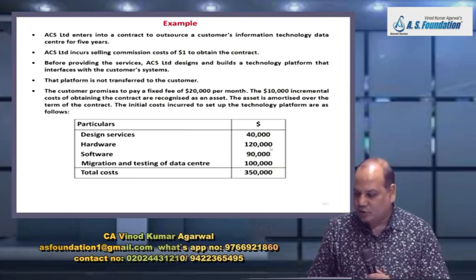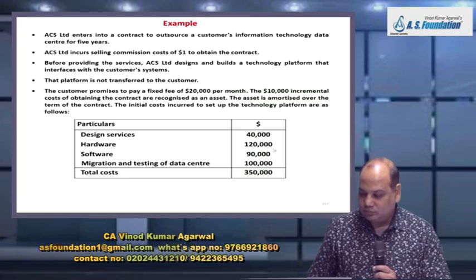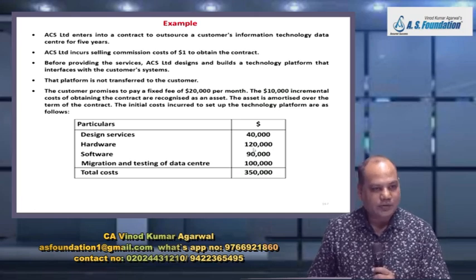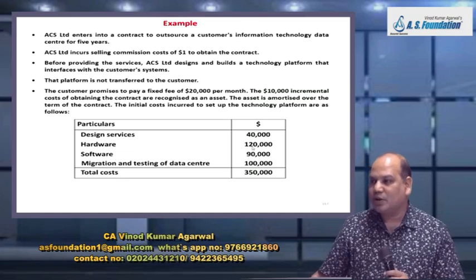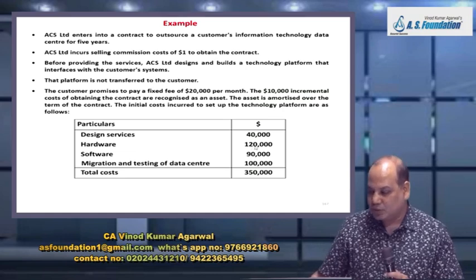Some assets that you have created, like hardware and software. Now these are your assets. This, as the question says, will not be transferred to the customer. So that will be accounted as per the respective standard.